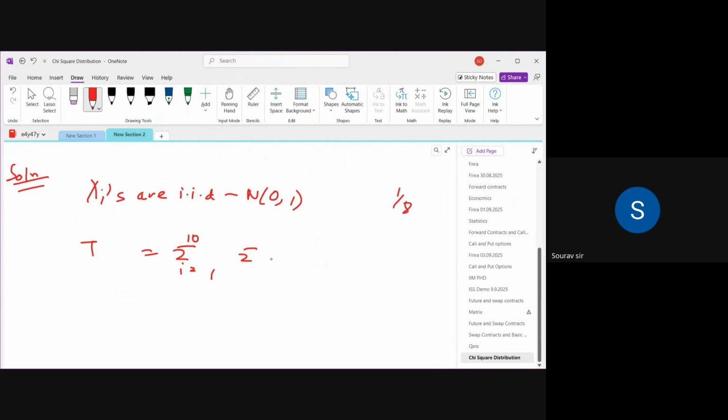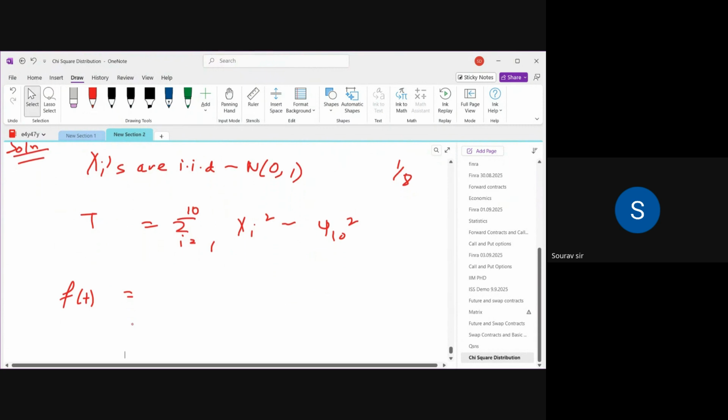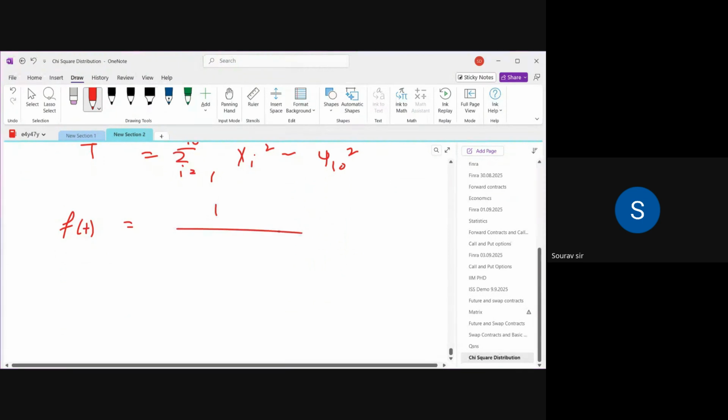Okay, let's see. So here i goes from 1 to 10, so it's a summation. So here T is chi-square with 10 degrees of freedom, and you have to find its density. So f(t) is 1 by 2 to the power 10 by 2, gamma of 10 by 2, e to the power minus t by 2, t to the power 10 by 2 minus 1.